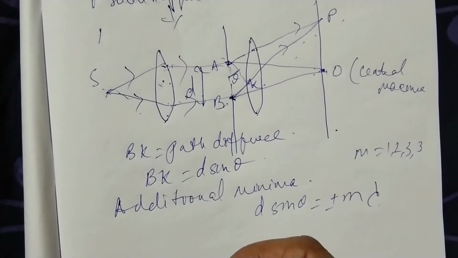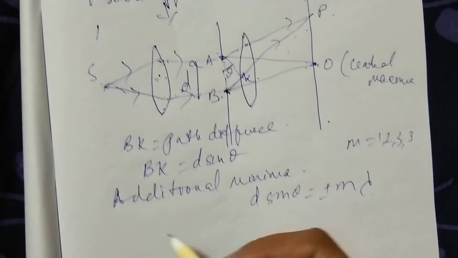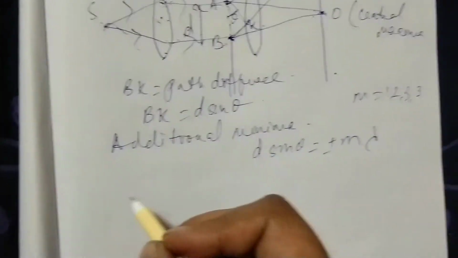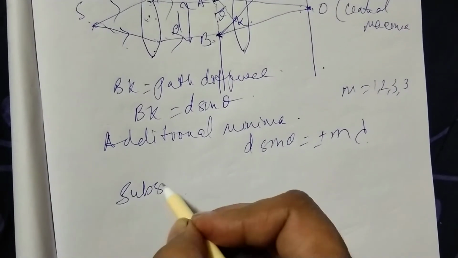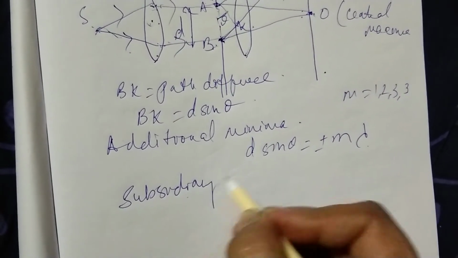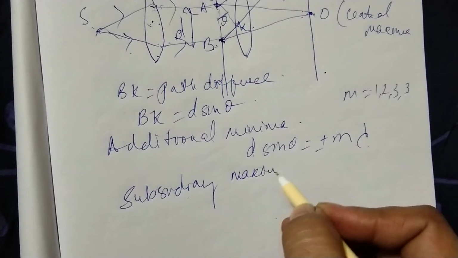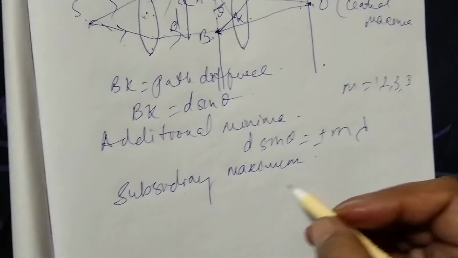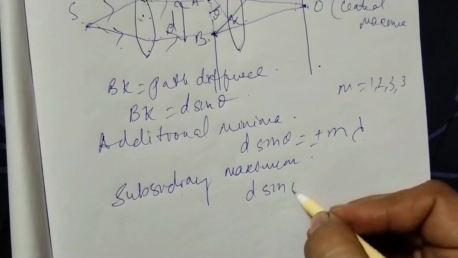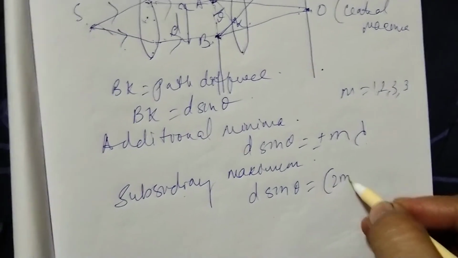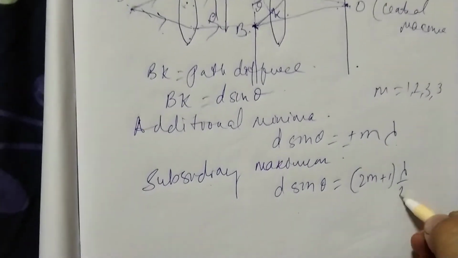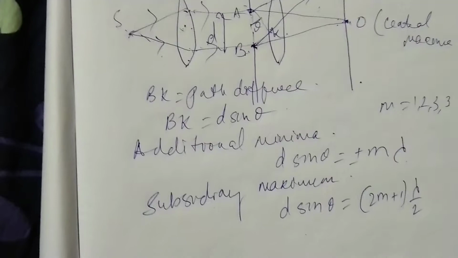Now the general condition for the subsidiary maximum is d sin theta is equal to (2m plus 1) lambda by 2. Lambda is the wavelength.